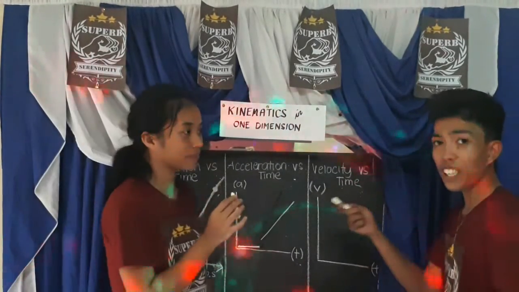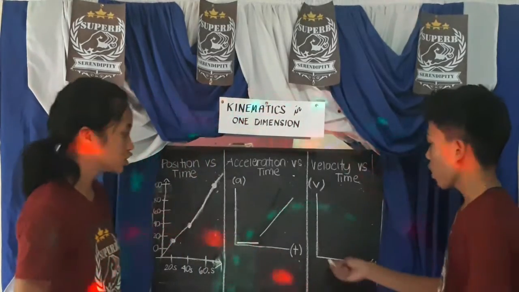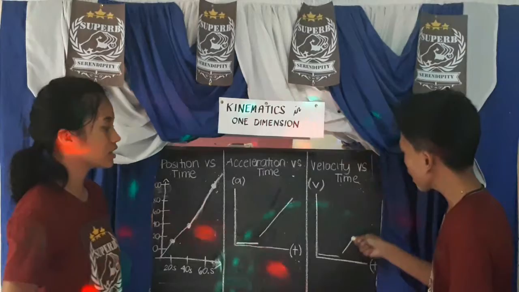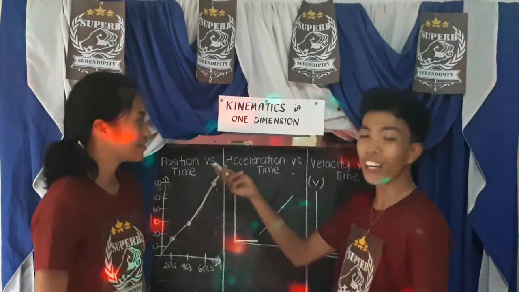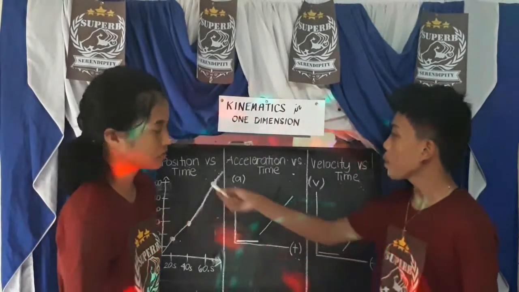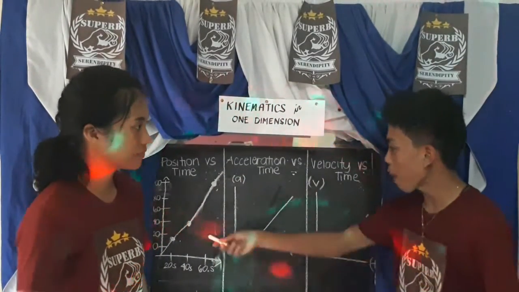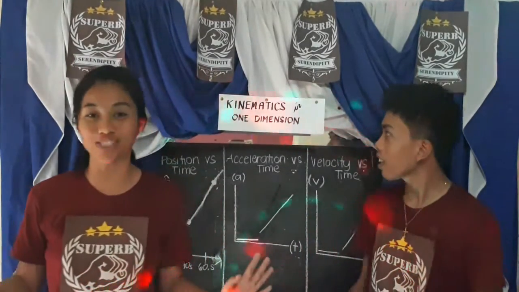Since they are the same, we can plot it easily. So we have constant and then constant increasing. This is it for our graphical analysis of motion on position, acceleration, and velocity versus time graphs. Compare the difference.